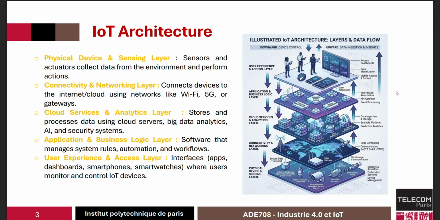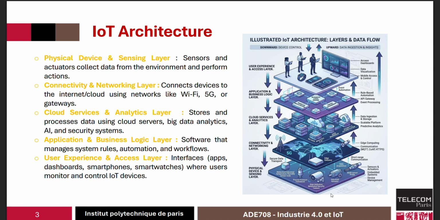So, what is the architecture behind IoT or Internet of Things? We have a quick illustration here that presents the architecture in five main layers. Let's start from the bottom up. Here we have the physical device or sensor layer.